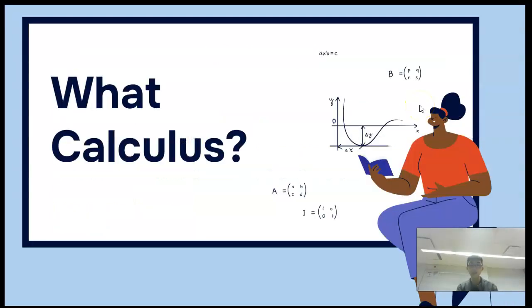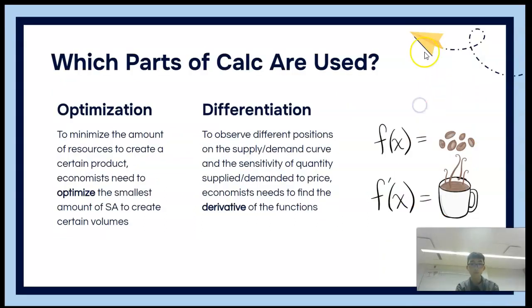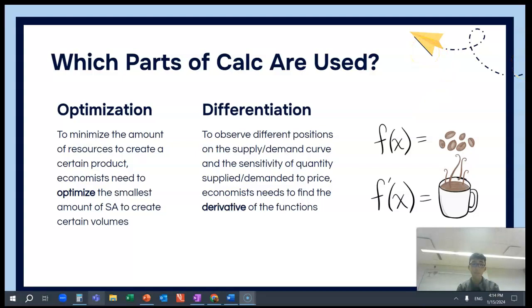So what aspects of calculus do economists use to solve said problems? Well, to minimize the amount of resources needed to create a certain product, economists use optimization to, you guessed it, optimize the smallest amount of surface area of a resource needed to create certain volumes. For example, if I was trying to hold a certain amount of a drink, let's say coffee, like in the image on the right, economists would be in charge of creating a cup that could accomplish this goal with the least amount of resources.